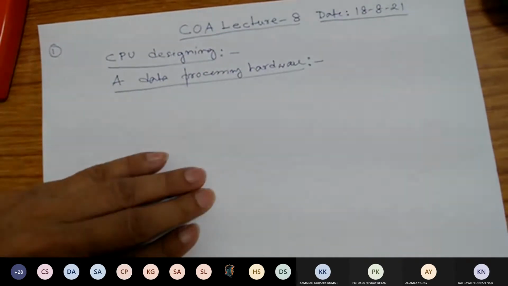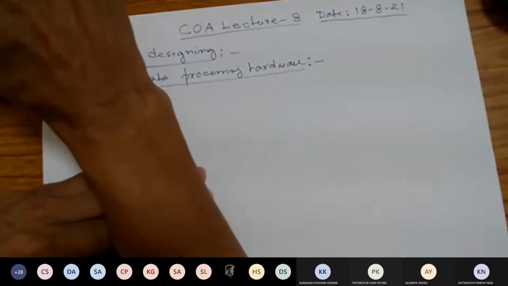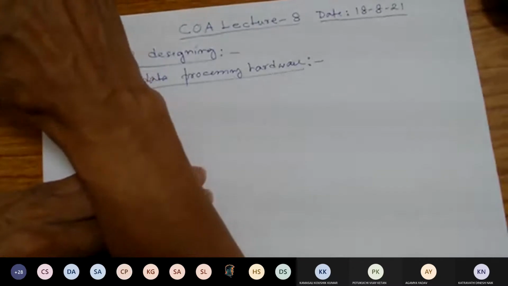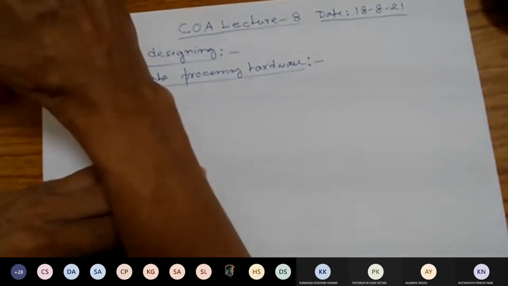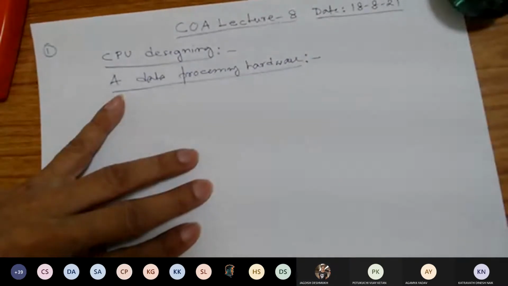So can someone tell me what kind of circuit is needed to process the data? Digital circuit. We are talking about processing data. We are not talking about storing the data. Something like a mux. Multiplexer, yeah. So adder is fine.